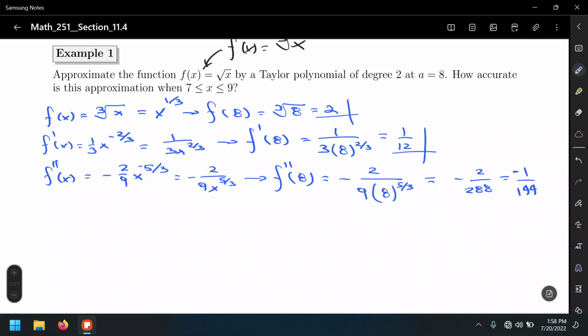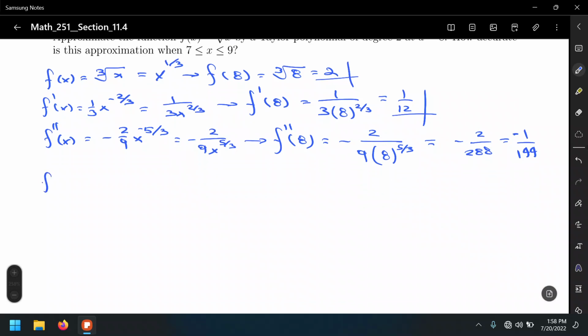And I'm going to take one more derivative because, although I'm not going to evaluate it at that value, we're going to need this third derivative for Taylor's inequality in this case. So what are we going to do here?